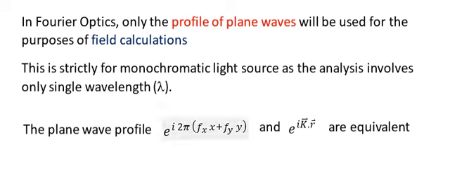The only difference is that if we substitute the values of fx and fy from the previous slides, which were respectively cos alpha over lambda and cos beta over lambda, and then you write 2 pi over lambda is equal to k, and k cos alpha and k cos beta can be represented as vector k, and x, y can be represented as vector r, you will ultimately get e to the power iota k dot r. So e to the power iota k dot r and e to the power iota 2 pi (fx into x plus fy into y), these two are equivalent profiles of a plane wave.